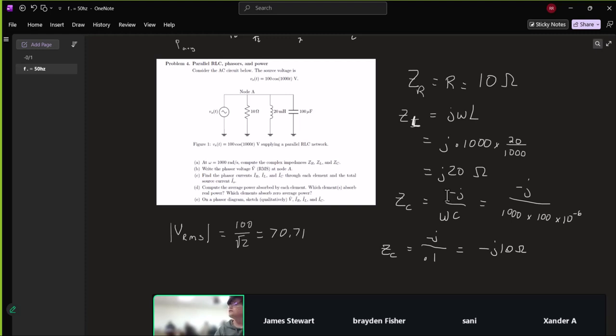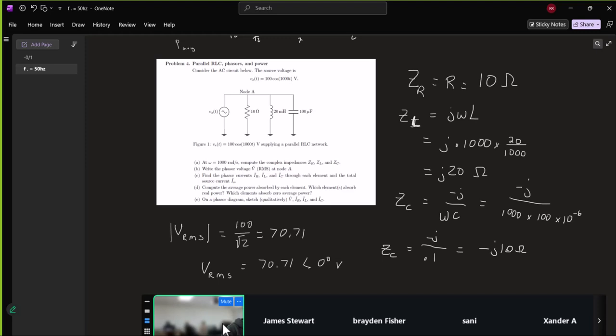And in our function, we don't have a phase angle, so VRMS as a phasor is 70.71 angle 0 degrees volts. If it did not say RMS, then you could just say 100 angle 0. But it does say RMS.